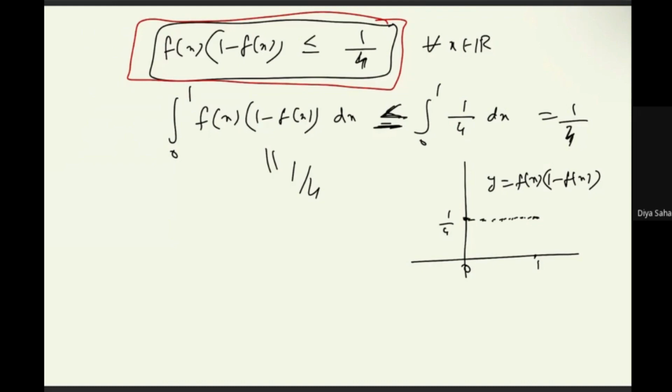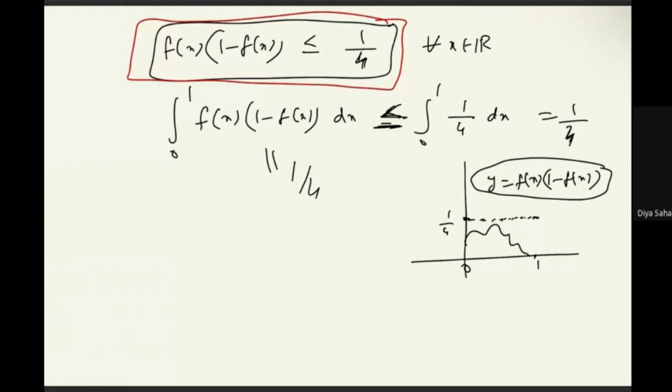We know that f of x into 1 minus f of x is less than or equal to 1/4. So that means this curve, if you draw, is always below 1/4, right? It will be somewhere here. Is it clear? It cannot be going above 1/4.